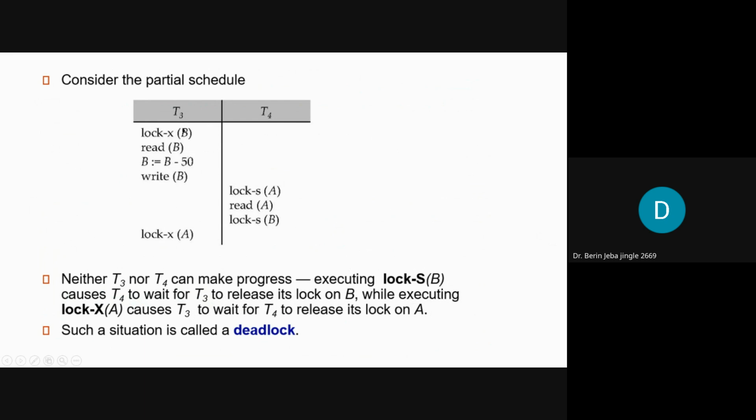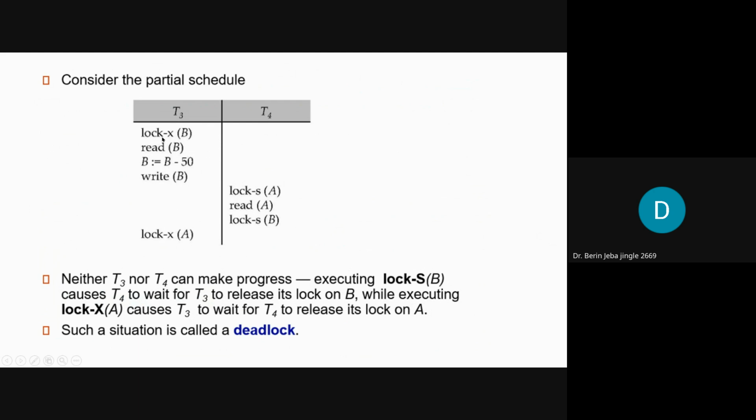It is locking account B. Unless it releases the lock, B cannot be used in transaction T4. So this account B cannot be used here.